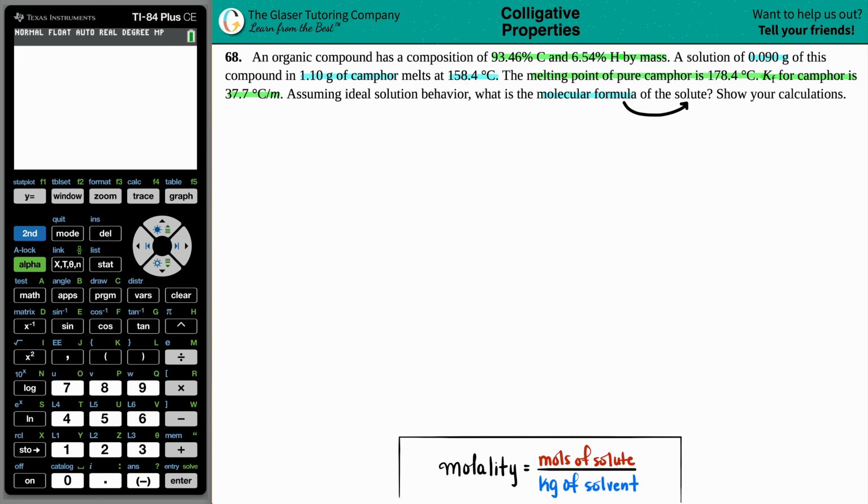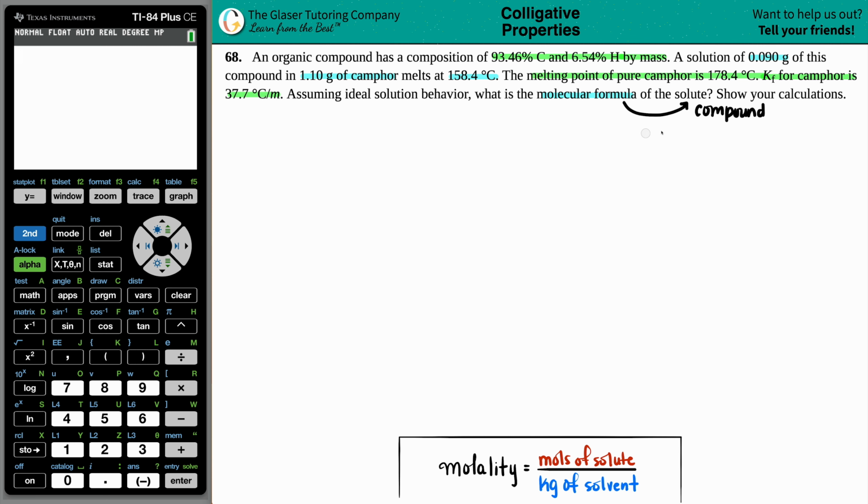So by this wording, the 0.090 grams of the compound placed in the camphor, that secret compound, is the solute. And the solvent has to be the camphor. And together, they make up the total solution, right?